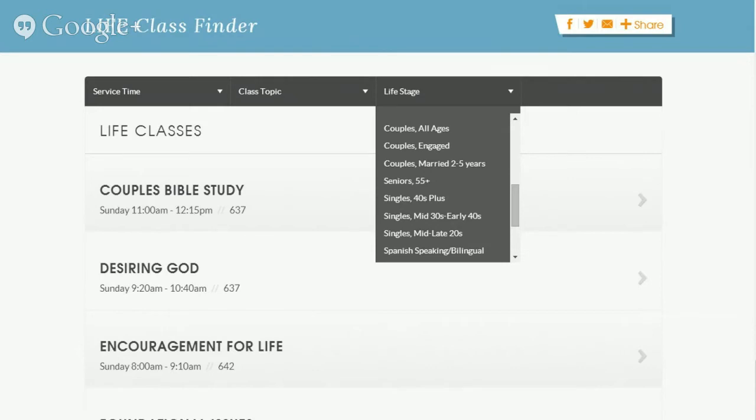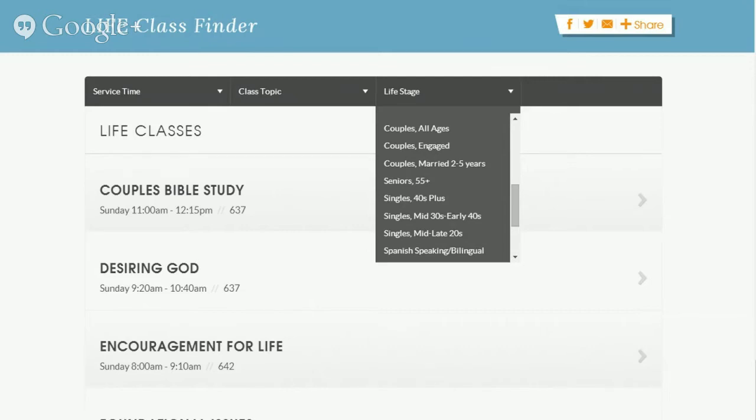However, whatever classes or groups are meeting, you can filter and find one that's right for you. And then they have life stages. This shows you there's singles and 55 plus, there's engaged couples, and so you can filter all the different groups that are meeting at Providence Baptist and find one that fits your current needs.